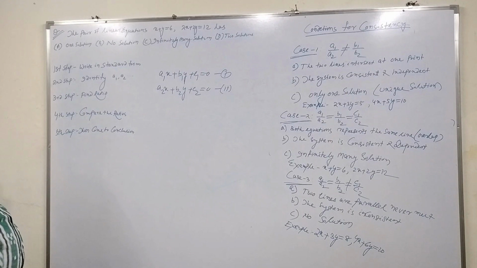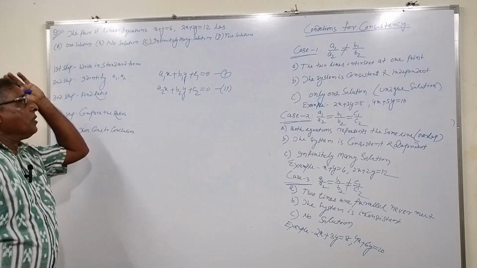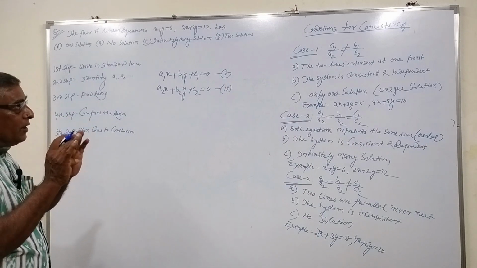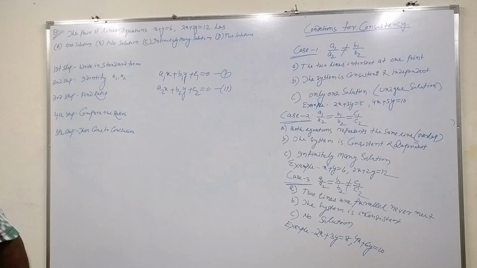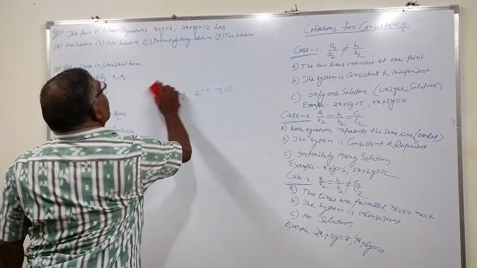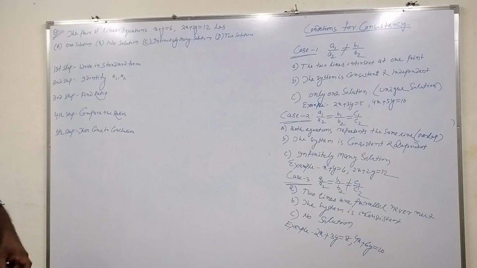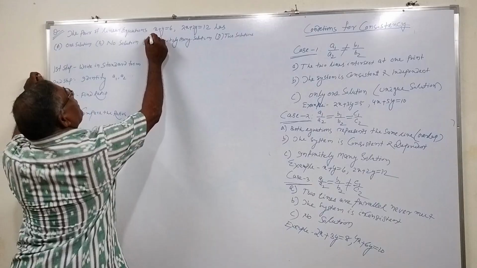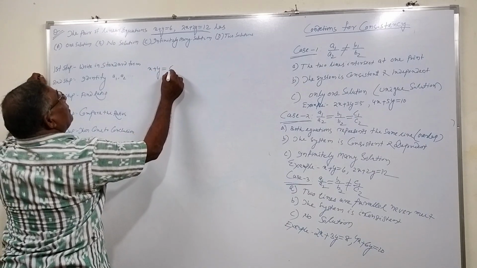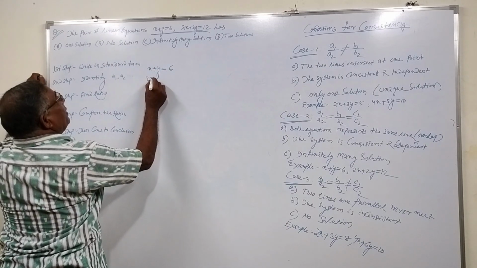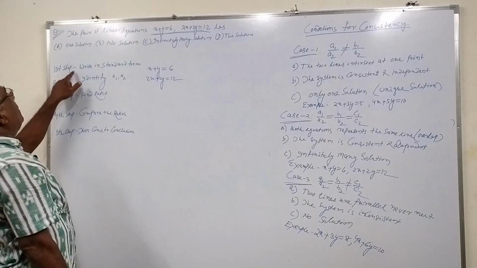First, we make the equations into standard form. First step, write in standard form. The question is x plus y equals 6 and 2x plus 2y equals 12.